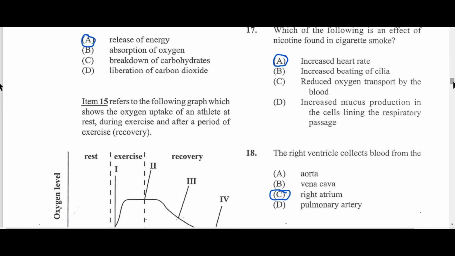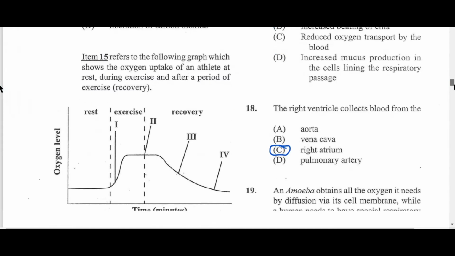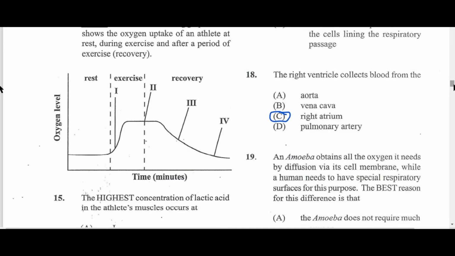15. Item refers to the following graph, which shows the oxygen uptake of an athlete at rest, during exercise, and after a period of exercise, the recovery period. Now we're looking at this graph and we want to look at the y-axis. There is oxygen level, and on the x-axis we have time.